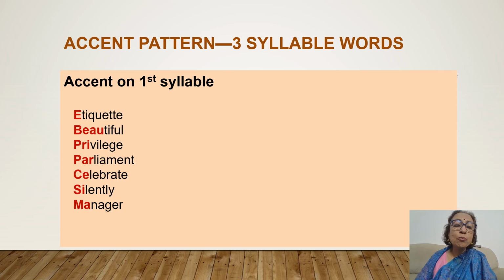But you see how many vowels are written in the word etiquette? You have E, you have I, you have U, you have E, and again E at the end of the word. But so many vowels are not pronounced. E is pronounced as eh, I is pronounced as tee, Q-U-E-T-T-E.